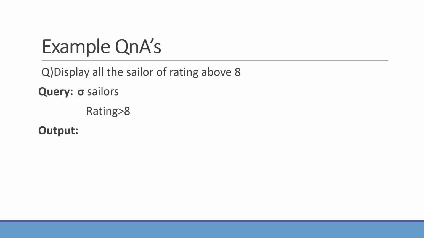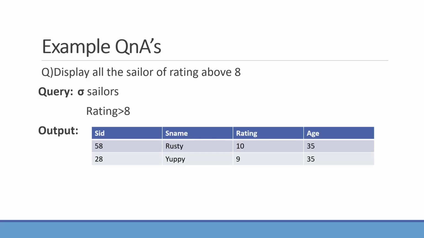In the question, it is mentioned that rating above 8, so you write the condition below the sailors. Overall, sigma for sailors with condition rating greater than 8. You get an output table with SID, SName, rating, age. These are the sailors which have rating above 8.